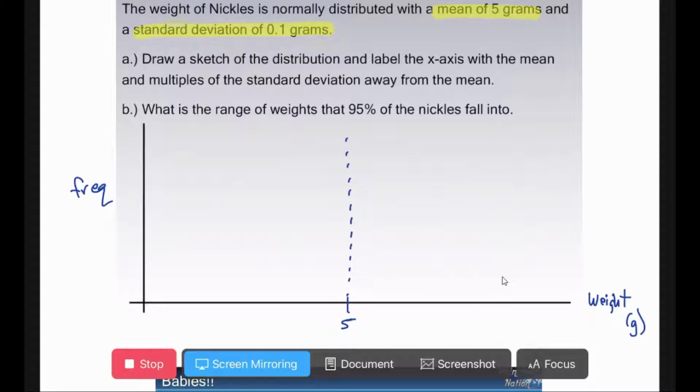Our standard deviation is 0.1. So let's have 5.1, 5.2, 5.3, and 4.9, 4.8, 4.7. Let's sketch. Once again, we know one standard deviation should be kind of the top third of our curve. So something like this.